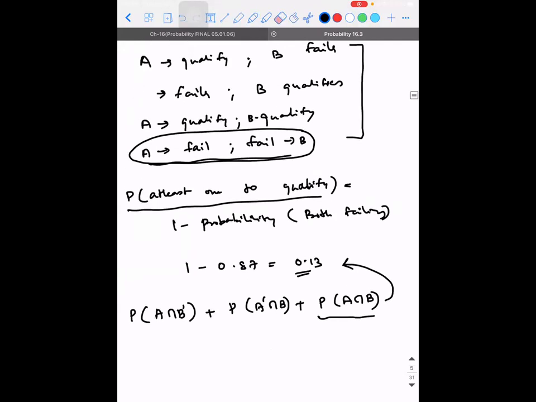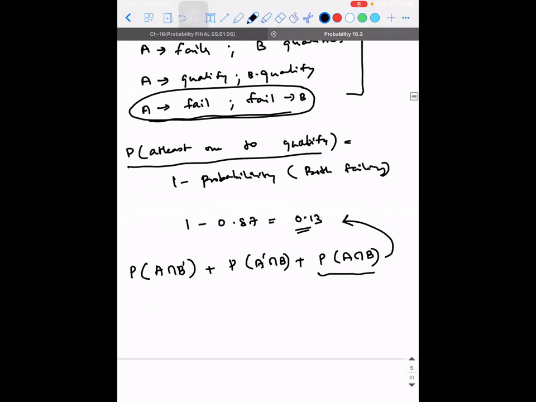So isn't that A intersection B the whole dash? Which one? The last one. No, it is not. This whole thing is the meaning of probability of at least one to qualify. What is the meaning of the first statement I've underlined? If I write probability of A intersection B dash, what is the meaning of this?